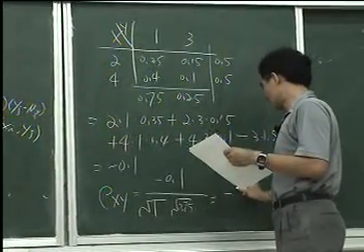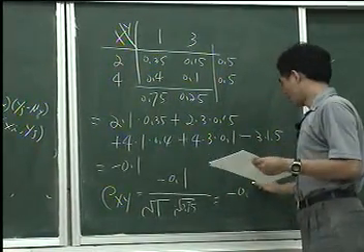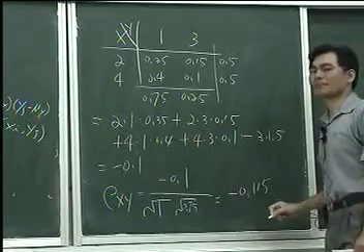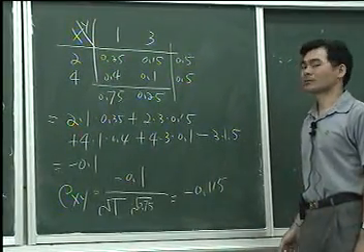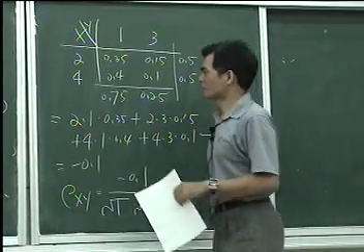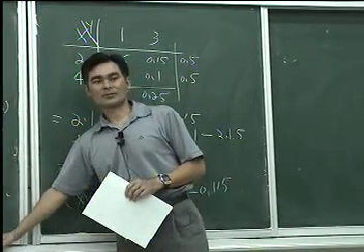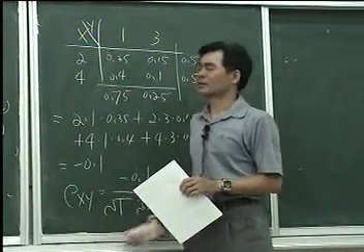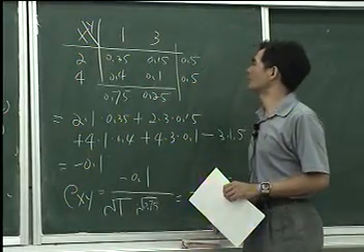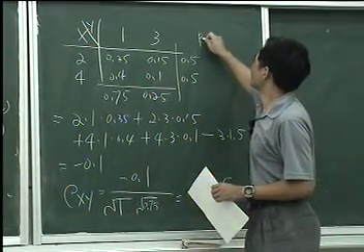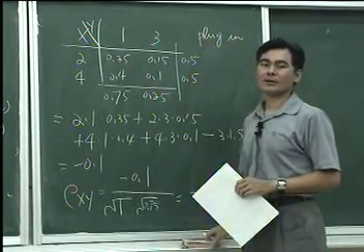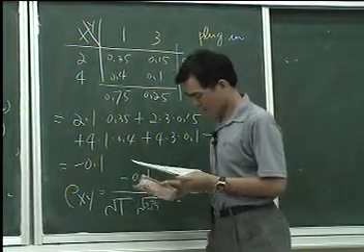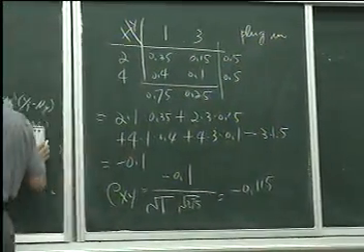You get equal to negative 0.115, okay? Any questions on this? Questions? Okay, so basically if you know the formula, just follow the formula, plug in the number, and then you should be able to get it. Okay, let us get to question 2.